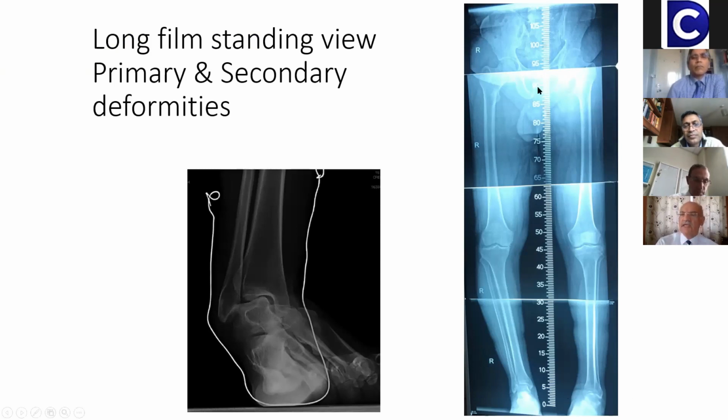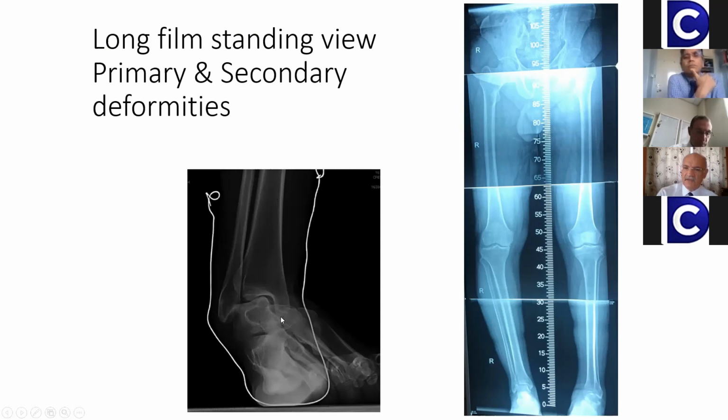And when you have the long-standing X-ray, you have varus deformity of the other side. You have to put it in mind before correcting the equinocavovarus of the left side. You can see here the calcaneus and the talus in varus position in the standing X-ray.